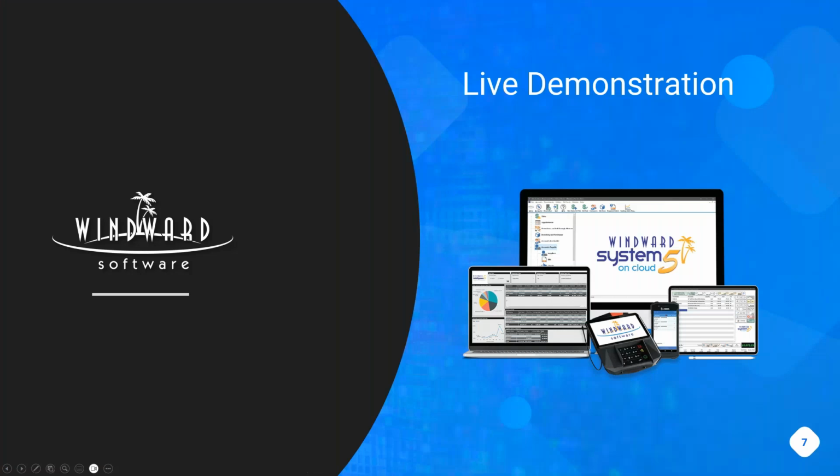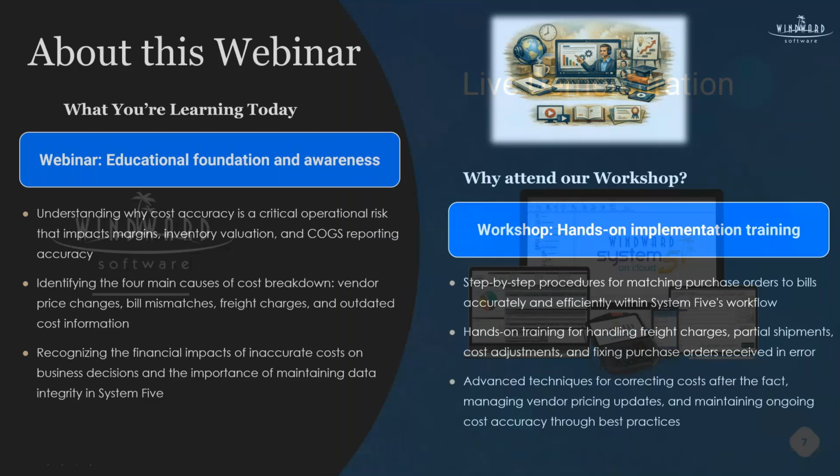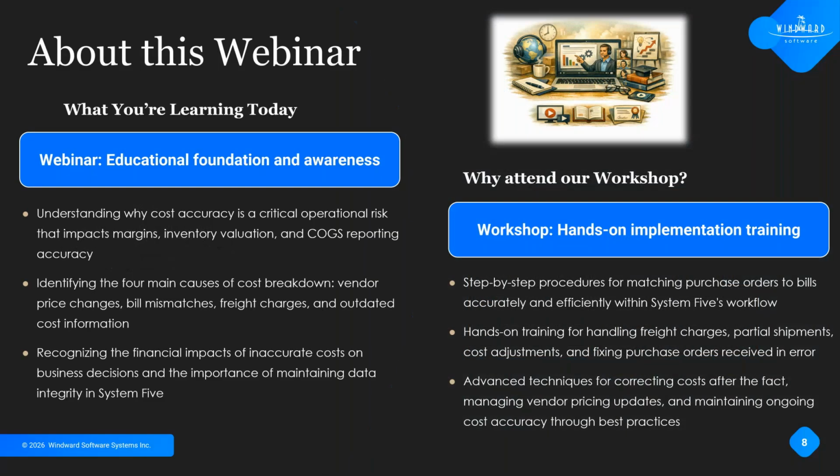Okay, so to keep on time, we've got about 5 minutes left. I did want to just let you know that the webinar, what we're trying to do today is to really provide some education foundation. Understanding why costs are accurate, understanding why accuracy of cost is so important, and where in System 5 it can break down.